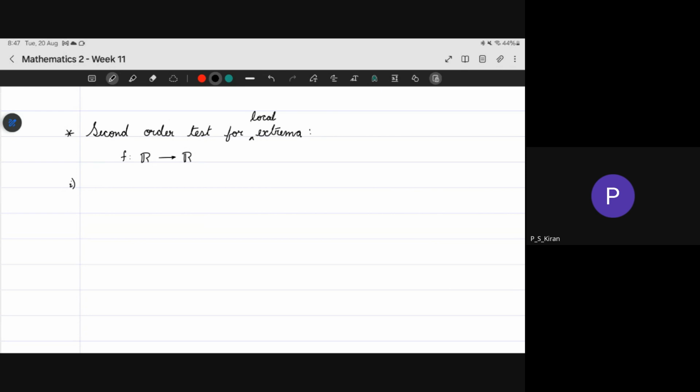You have a critical point and it is either a local minimum or a local maximum. So you say a critical point exists. Then if f double prime of x is positive, what happens? What is the missing thing? Minimum.